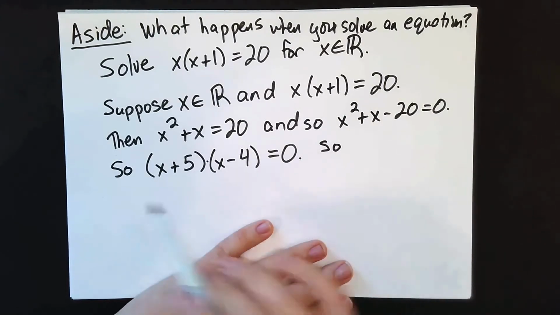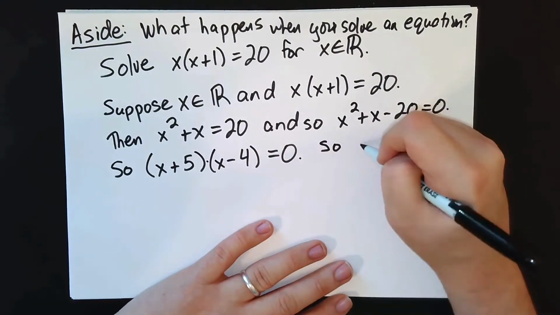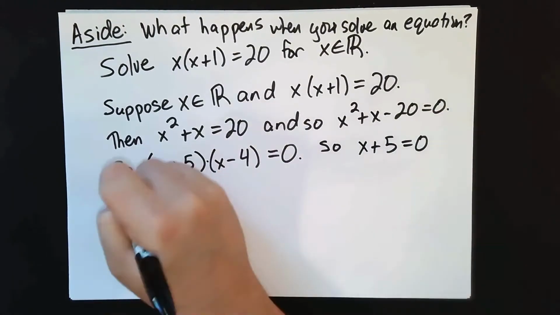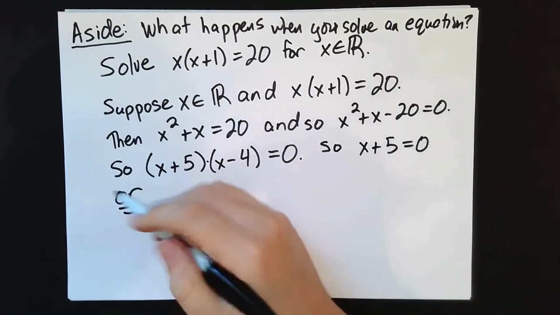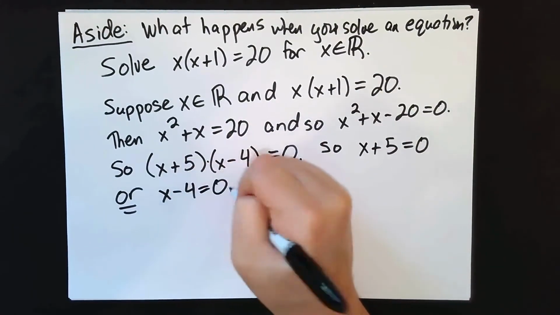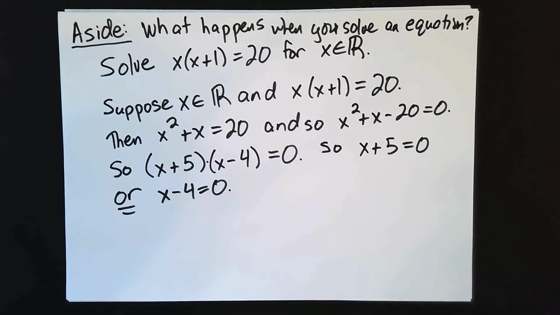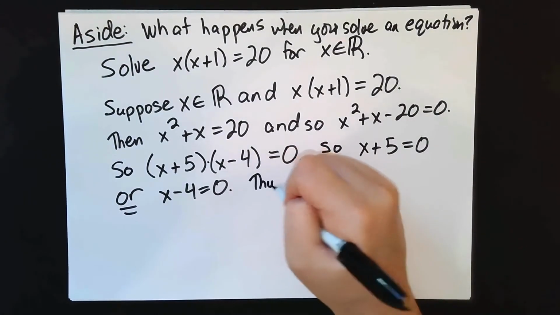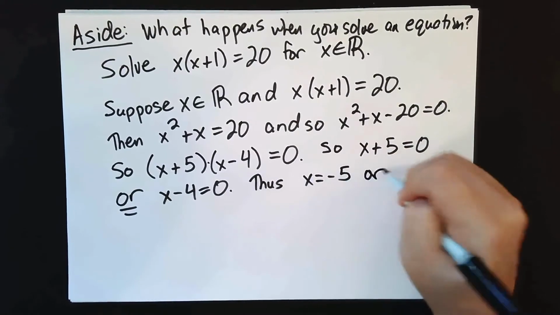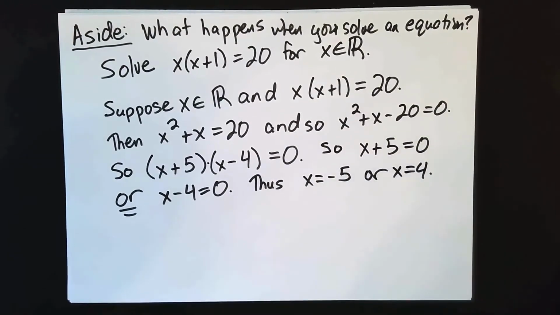And so we go from this statement to the statement x plus 5 equals 0, or, and this is just our friend or, x minus 4 equals 0. This is just the plain old logical or. And thus, simplifying that just a smidge, we get x equals minus 5, or x equals 4.